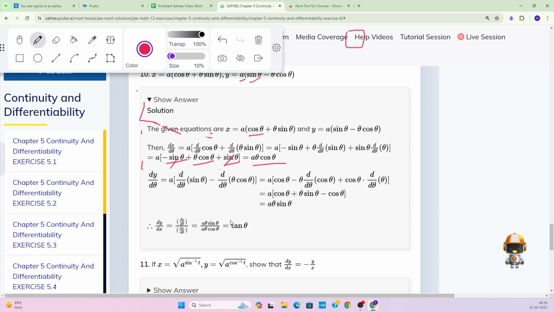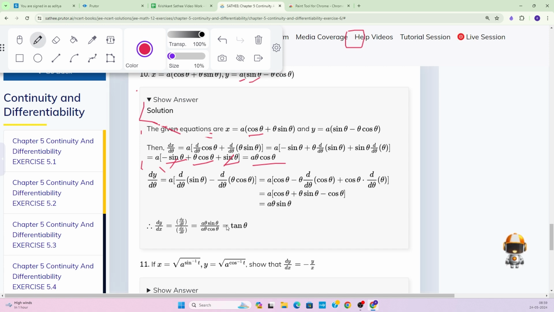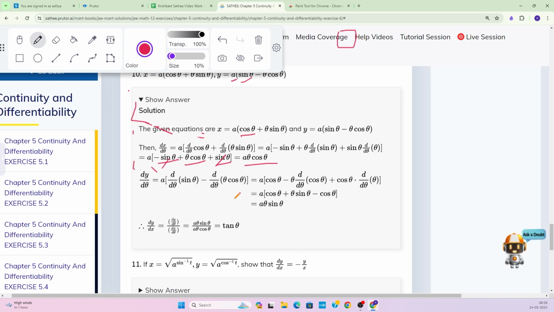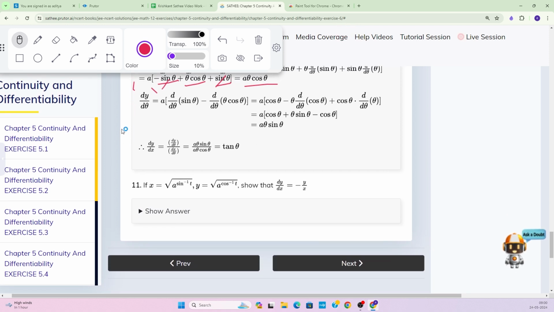So it will be a theta sine theta over a theta cos theta. So a theta will be cancelled, and you are only left with tan theta. Okay, clear? So we have solved the 10th problem also.